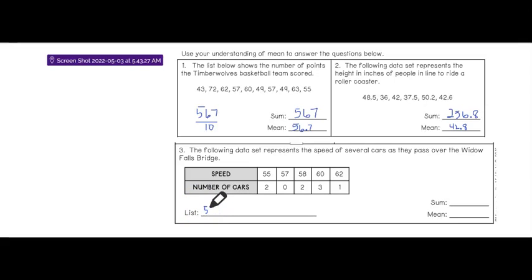So 55, and then another 55. Then we don't have any 57s, but we have 2 58s. 58, another 58.